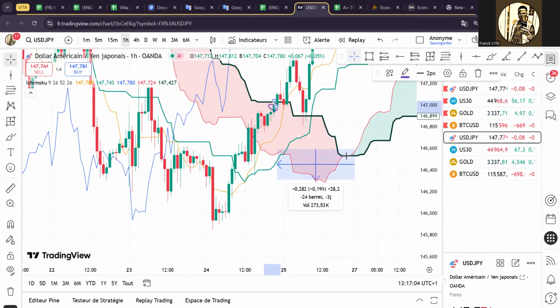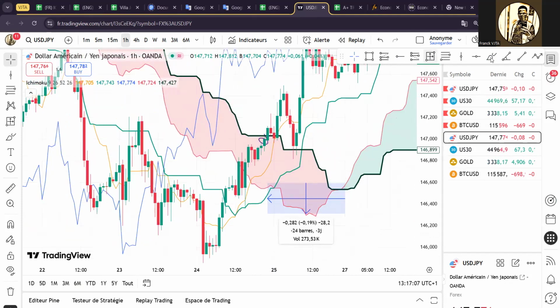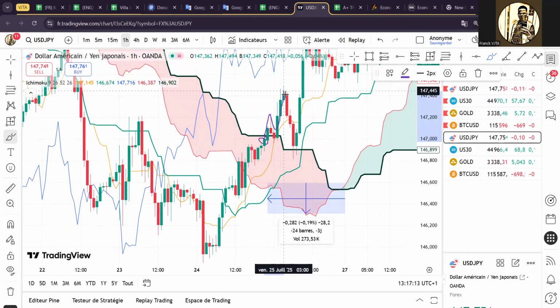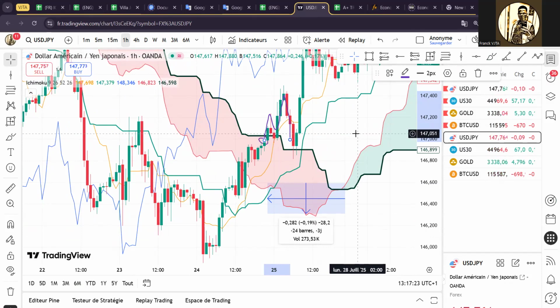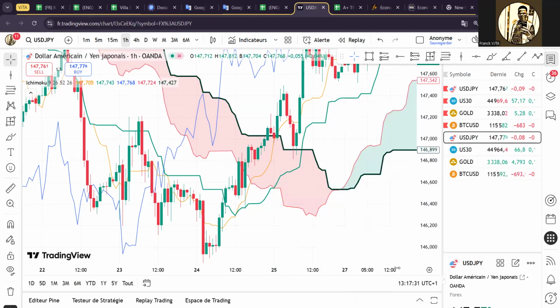In this case, as soon as we have the first cross, we have a first pullback again. So the first cross must create a pullback for the cloud. That's how it works. It must create a pullback first.